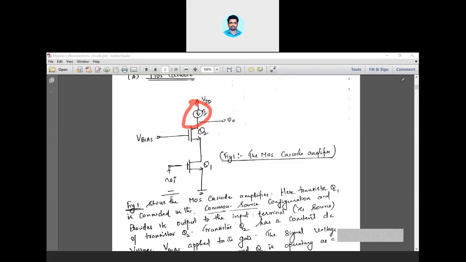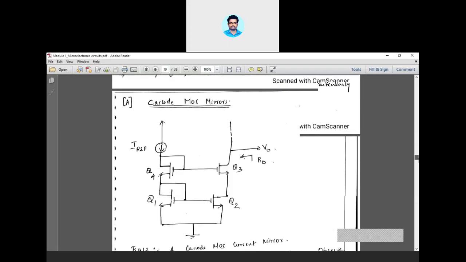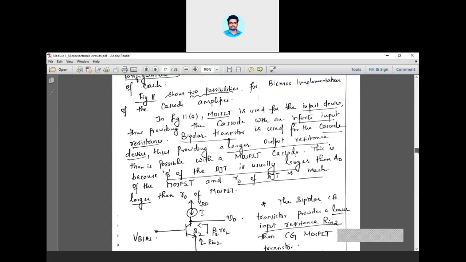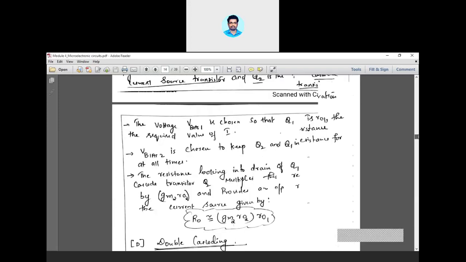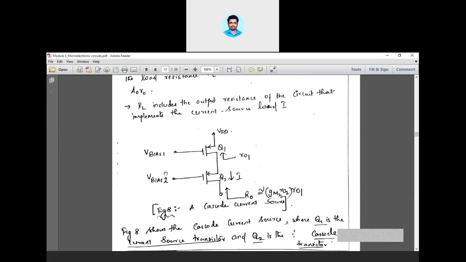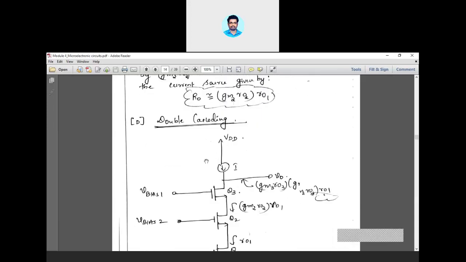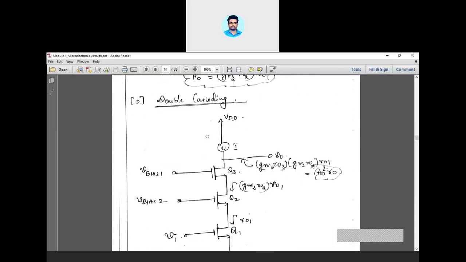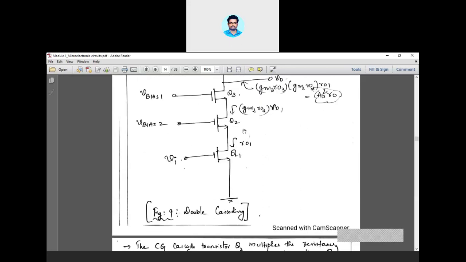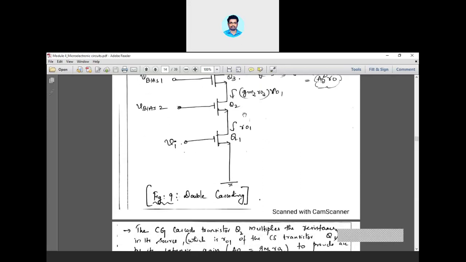That current source is now mentioned in this MOS cascode circuit. So this circuit is used to produce that capital I. The circuit is able to produce an output resistance of A0 into R0, which you will get as an enhanced version with double cascoding, enhanced by A0 times. This is another version of current source, that is double cascoding.